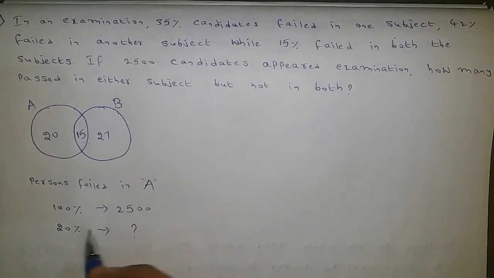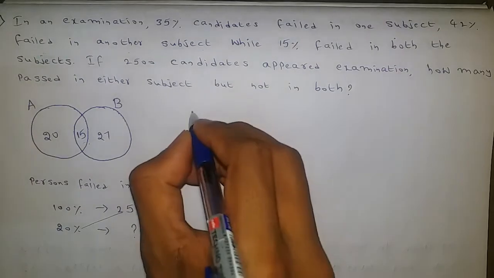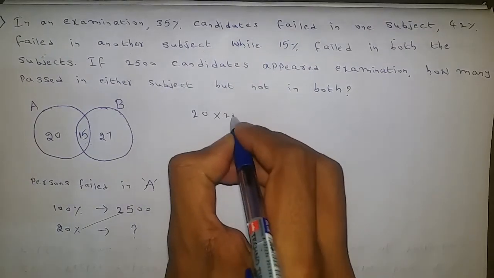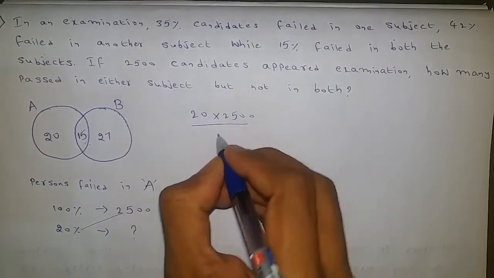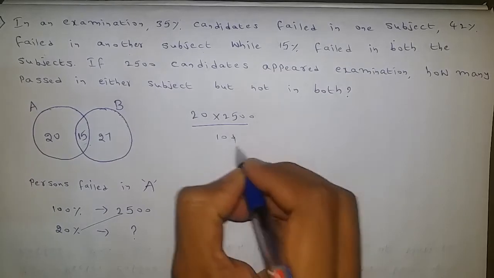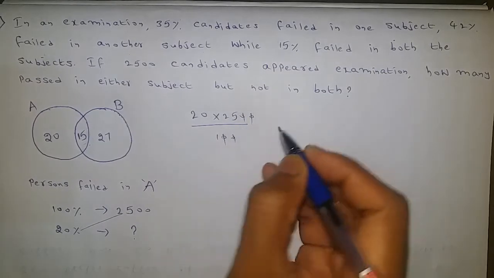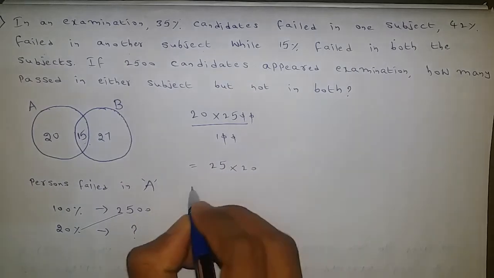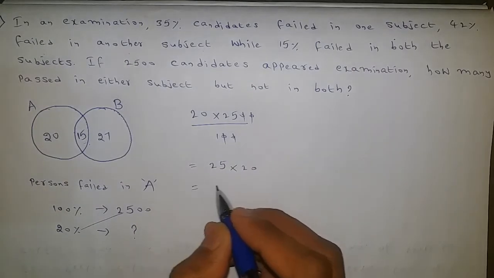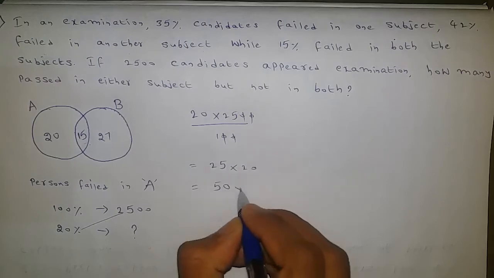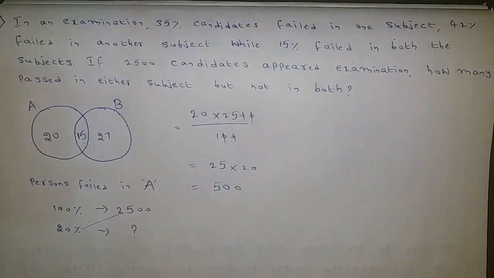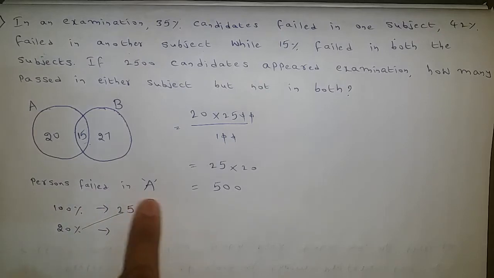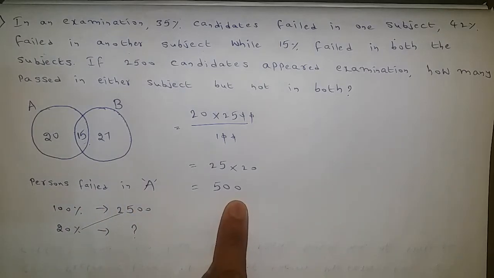Simply cross multiply: 20 into 2500 whole divided by 100. Two zeros cancel, two zeros cancel, so we remain with 25 into 20, which is equal to 500. So the persons who failed in only subject A are 500.